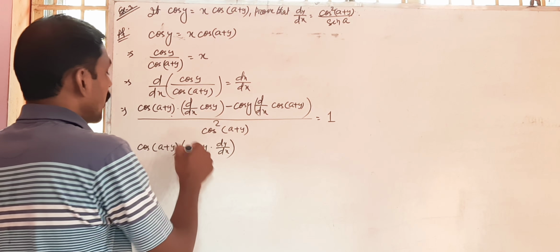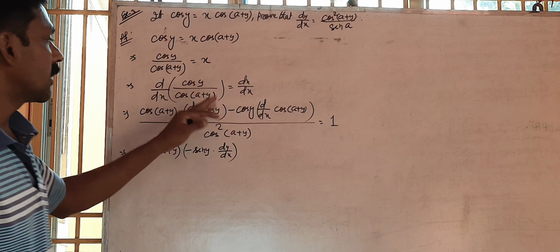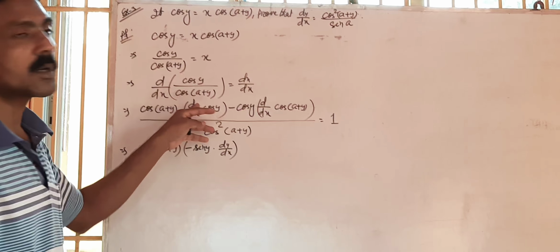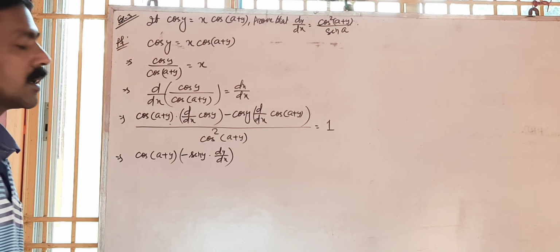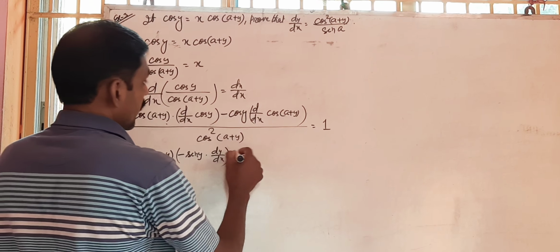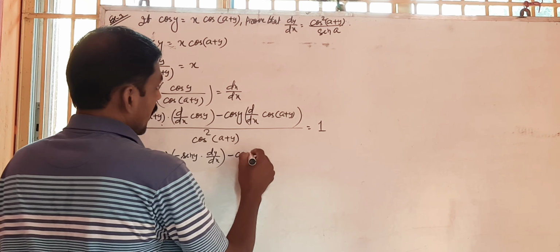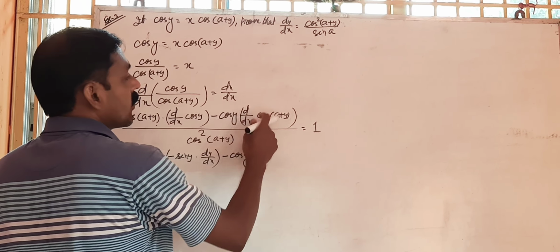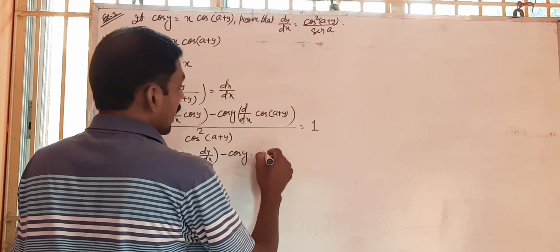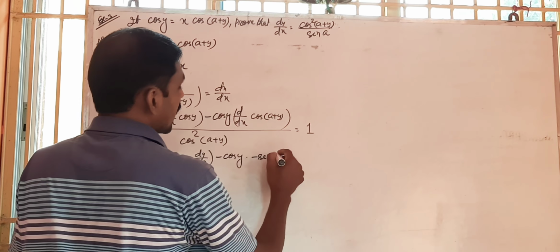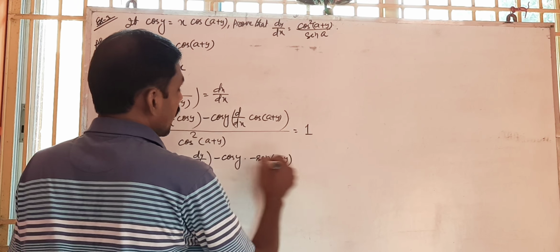This is the rule. First find the derivative in the usual manner, then if it contains y, multiply by dy by dx. Minus cos y into, here again derivative of cos theta is minus sin theta. Theta is what? A plus y.